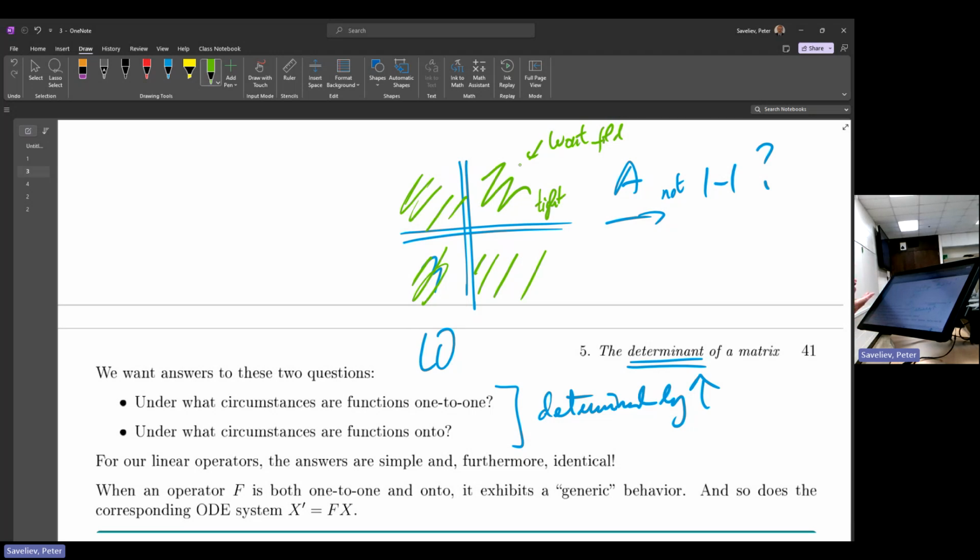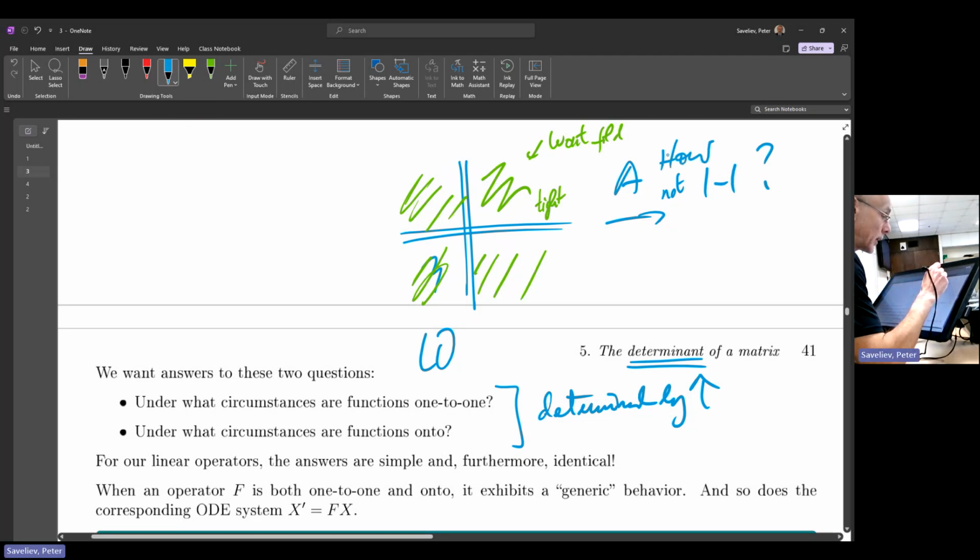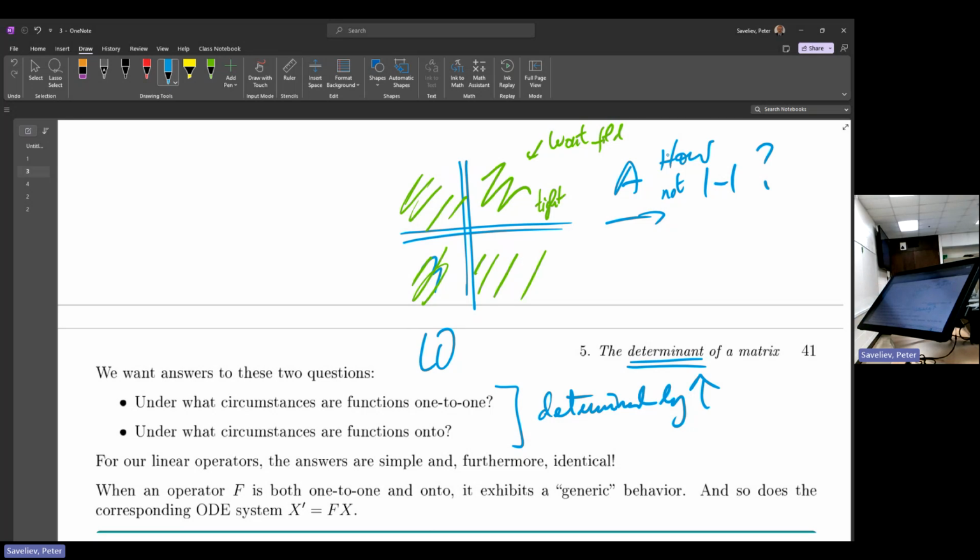So if it does not fold, then how is it possible for us to have not one-to-one? How is it possible for such a transformation to be not one-to-one?